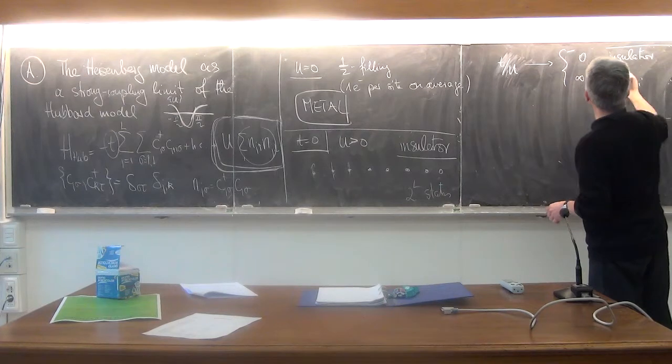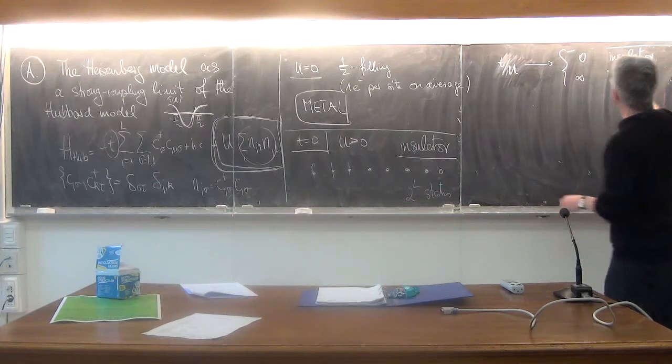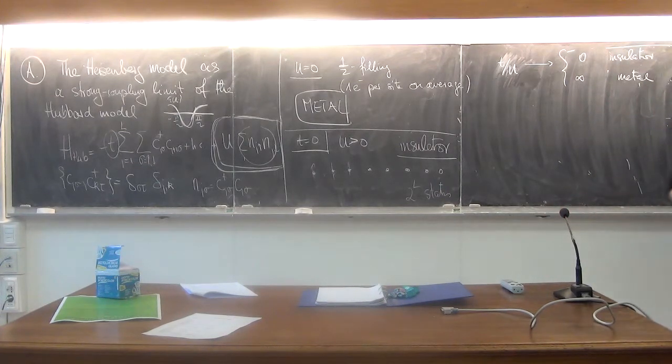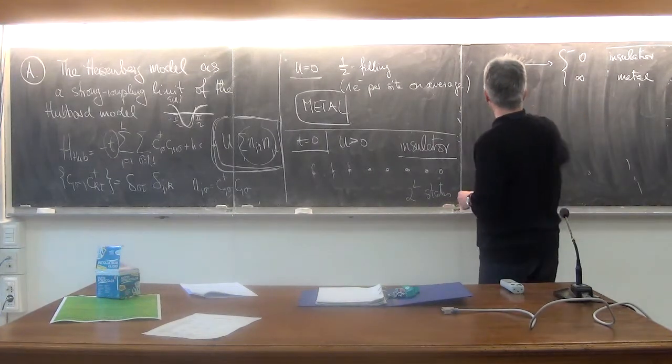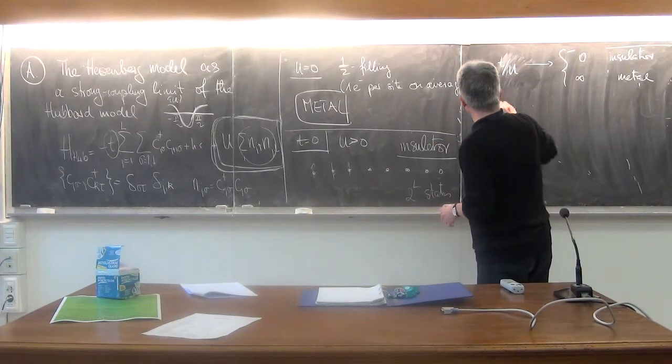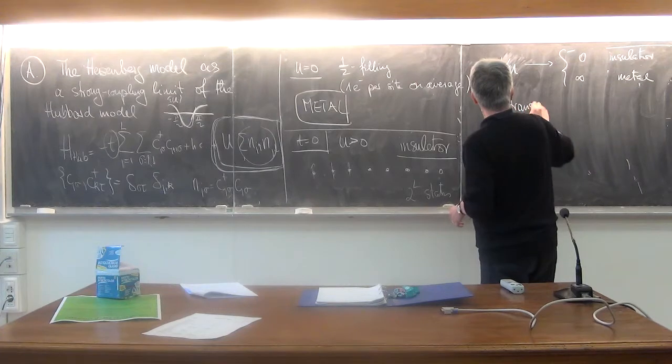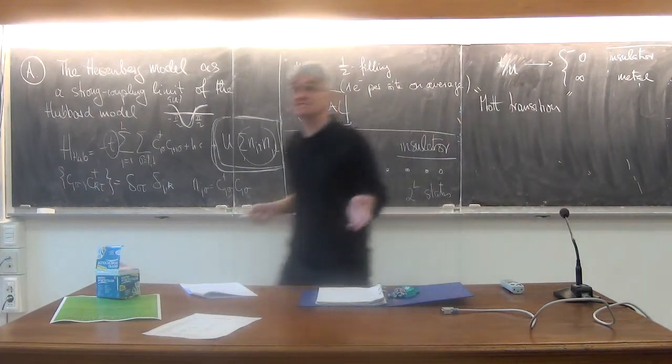And if it goes to infinity, it's a metal. And in between, there has to be a transition called the Mott transition, which turns a metal into an insulator.